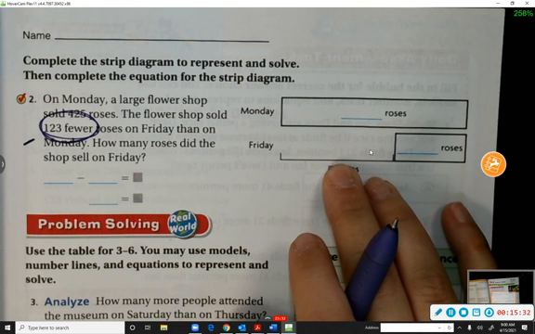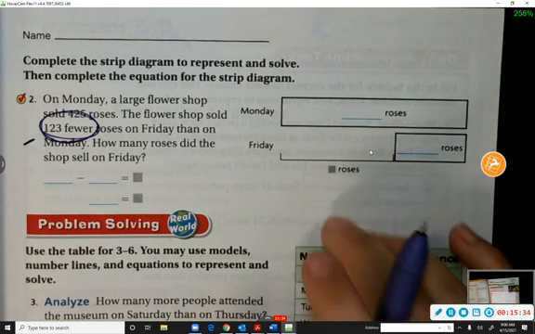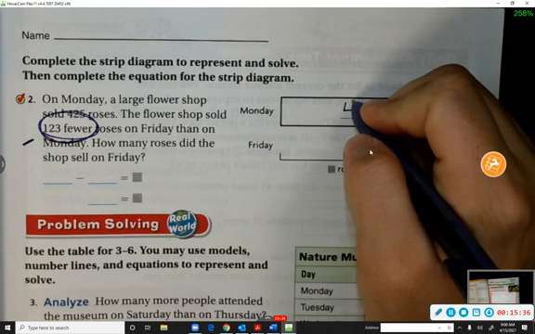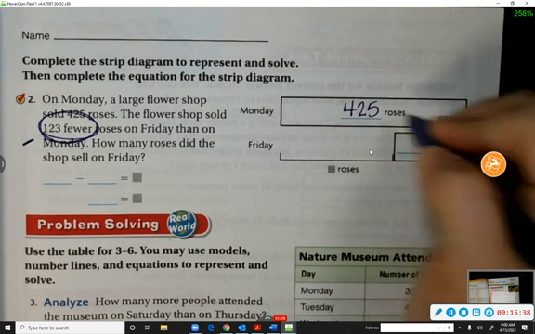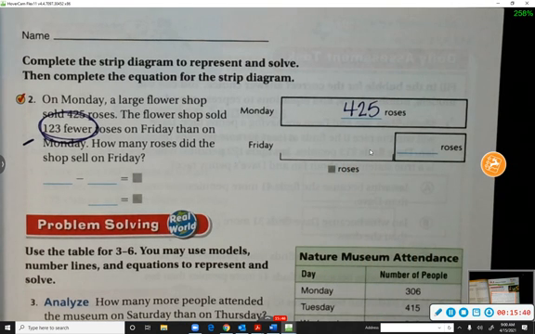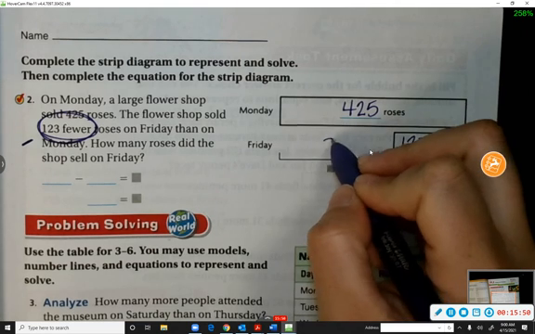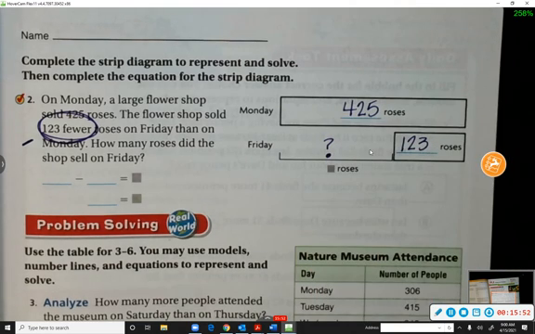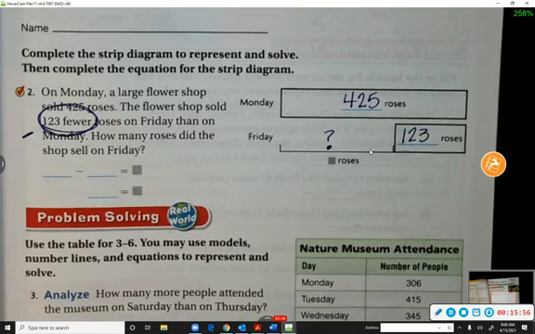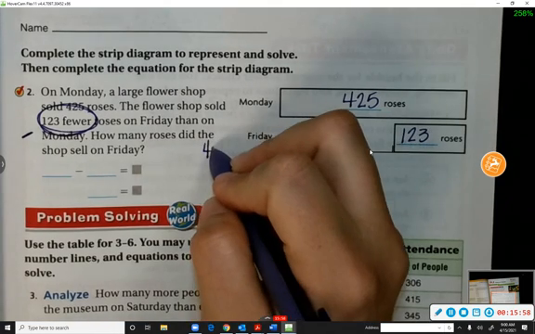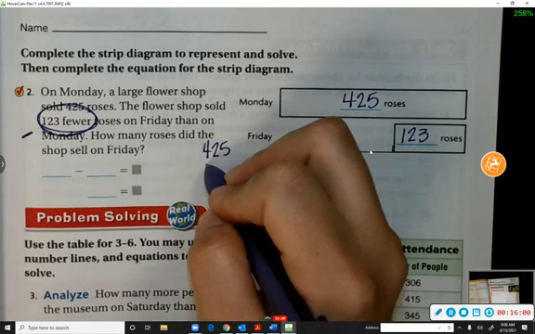On Monday, the flower shop sold 425 roses, so that's your biggest number, your total. And then on Friday, they sold 123 fewer. So now we need to know how much that actually equals for Friday. Okay, so go ahead and subtract those two and tell me what you get.